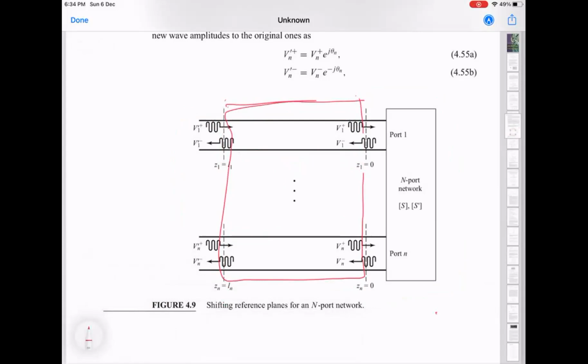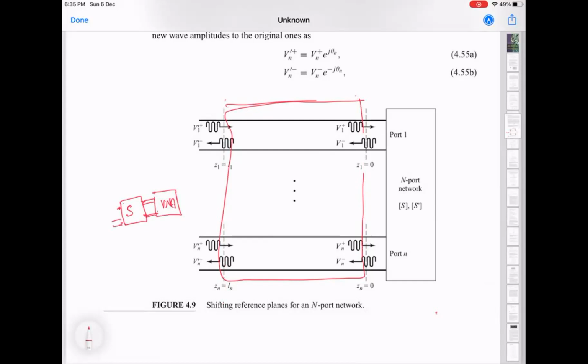The drawing says one port, but essentially what you now have is your vector network analyzer connected to an arbitrary S matrix, and, okay, I should be a little bit more careful here. You should draw two lines for each of these ports because this is not a single port system. It's a two-port on either side, right?